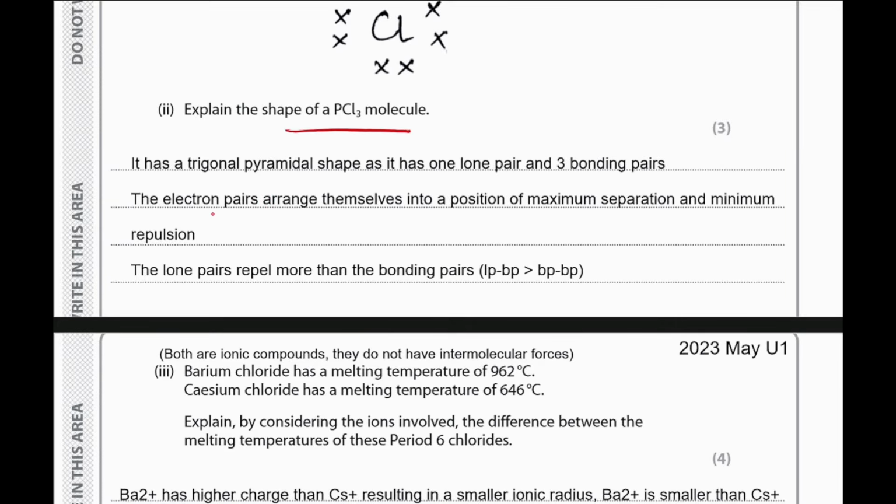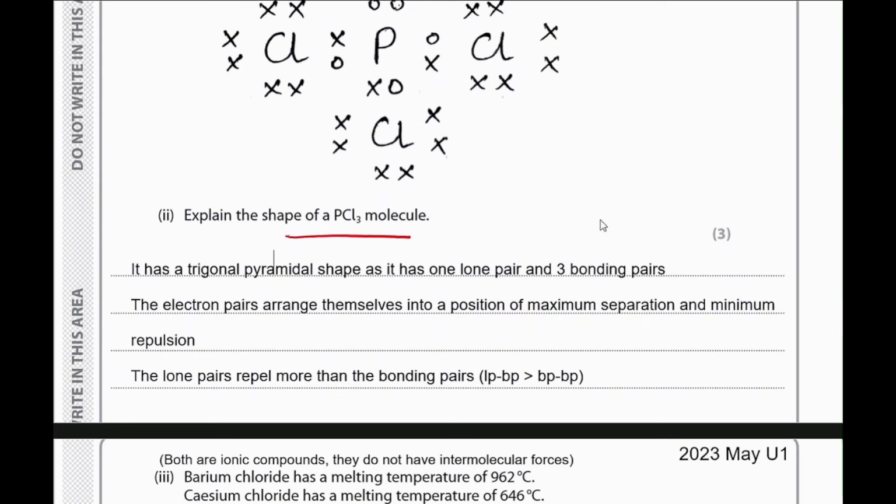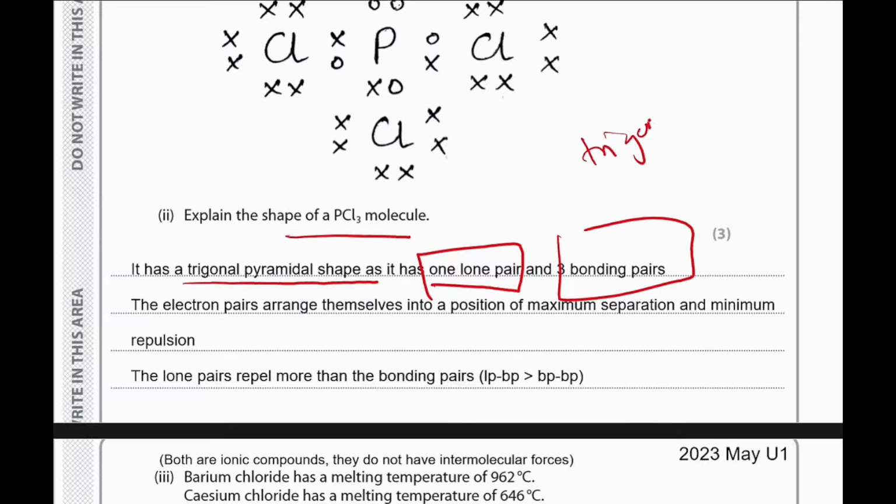You need to talk about VSEPR theory. Obviously PCl3 is going to have a trigonal pyramidal shape. Why? Because in this case it's trigonal pyramidal, not trigonal planar, since there is one lone pair and three bonding pairs. If it had three bonding pairs and zero lone pairs, it would have been trigonal planar, like the previous question we have seen.